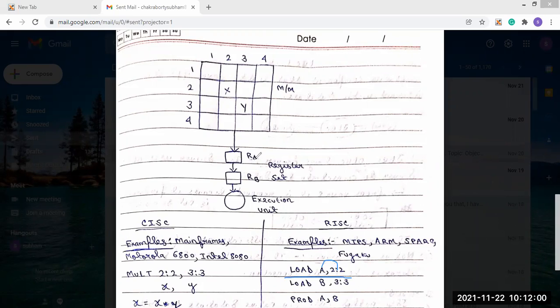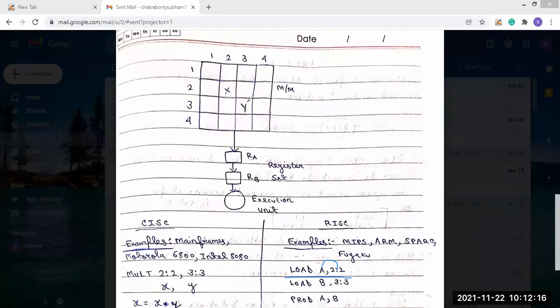Let's say we have taken RA, that means the A register. Whatever value is stored in this location is transferred to register A.